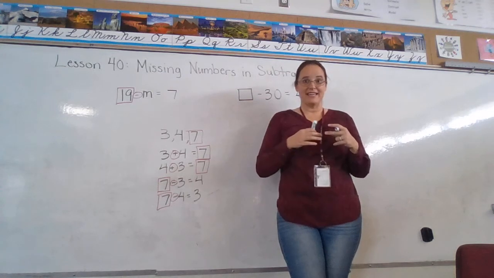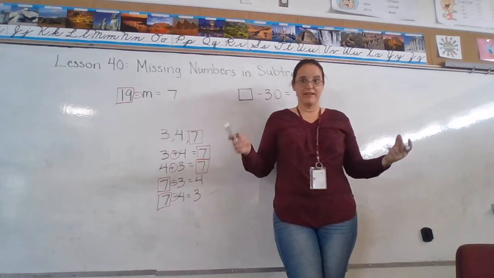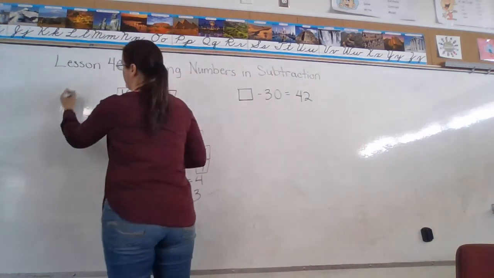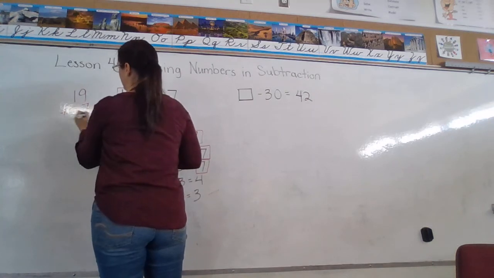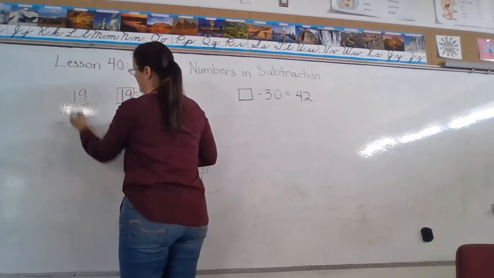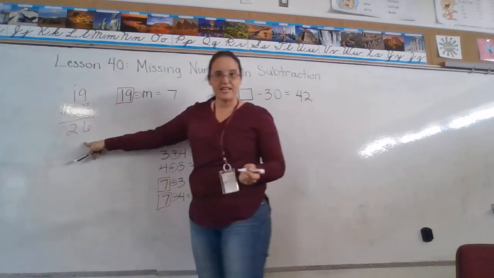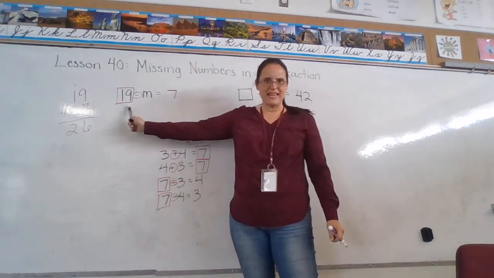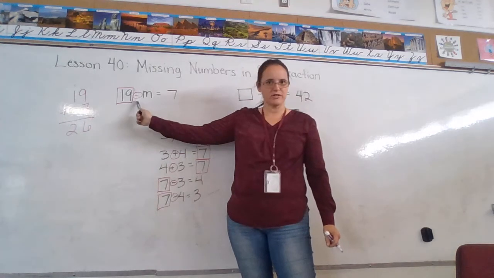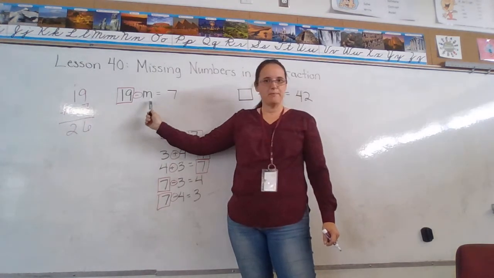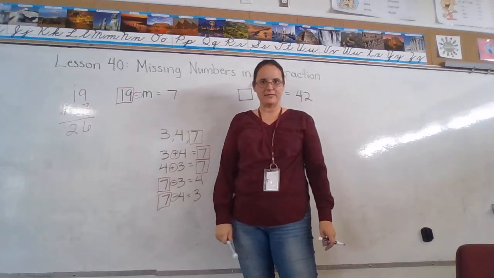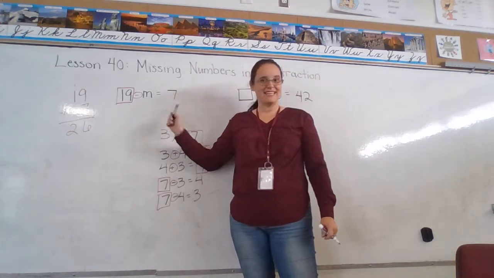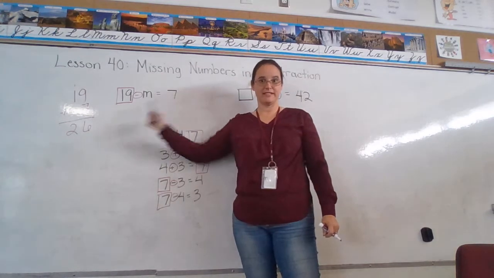If I'm adding, it's always going to be bigger. In this case, if I did 19 plus 7, let's do it over here, I would get 26. Well, 26 is a lot bigger than 19, and this is a subtraction problem. Can I have a bigger number in the middle of my subtraction problem? No, I cannot. So adding is not the right choice for this problem.